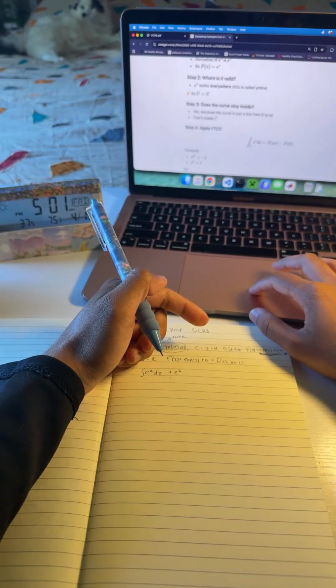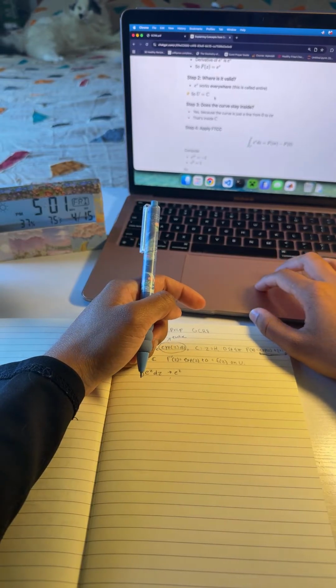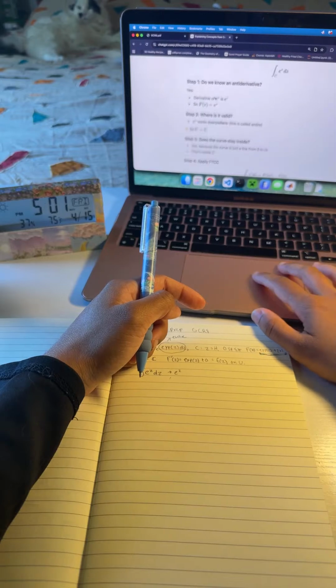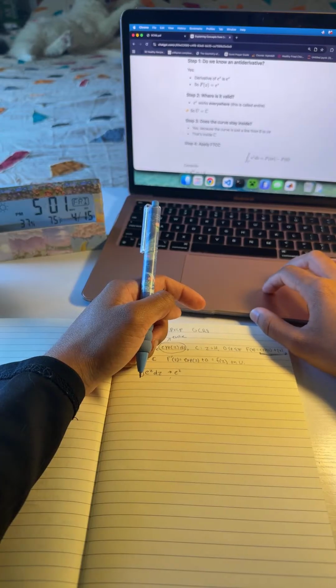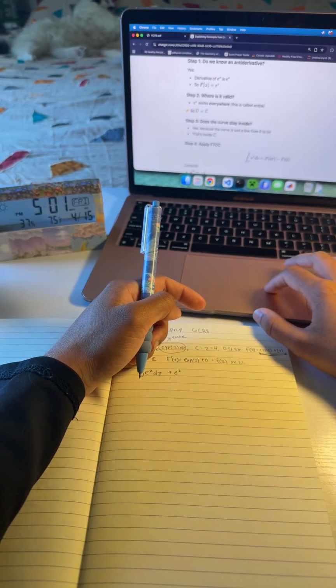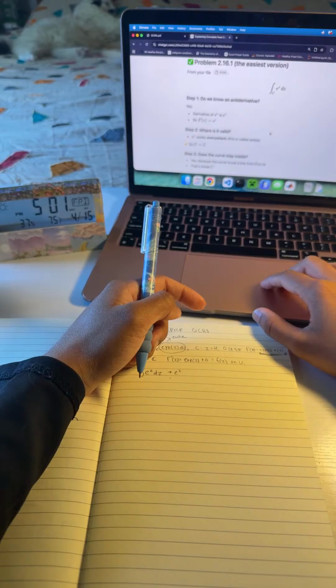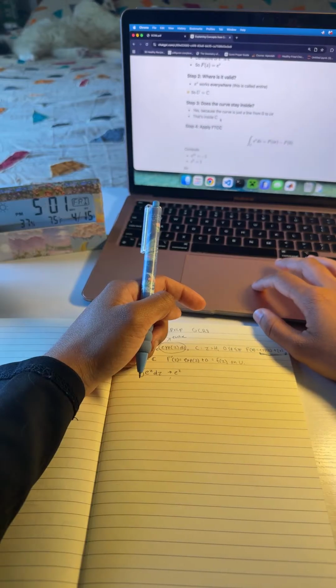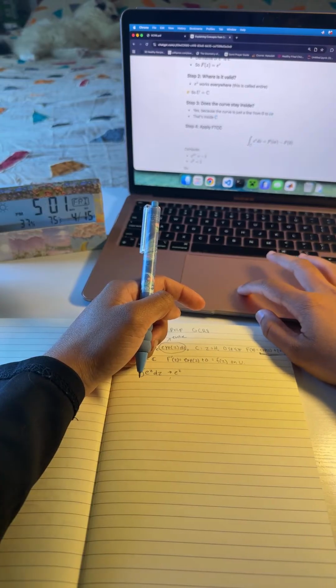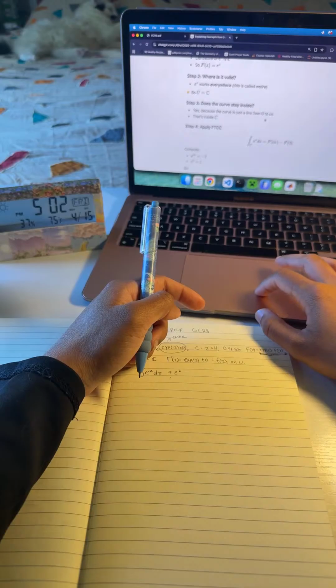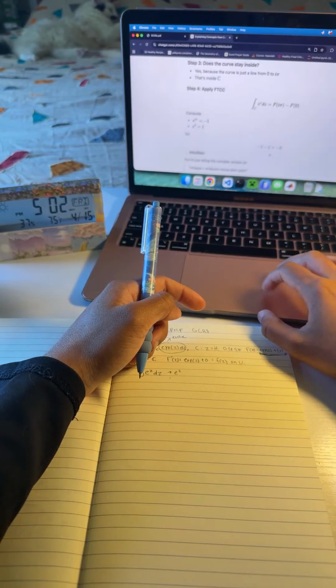So U equals C. But what does it mean U equals C? It's like complex everywhere, right? Does the curve stay inside? Yes, because the curve is just a line from 0 to i pi. That's inside the complex, because i is complex. And 0 is complex as well, so 0 plus 0 i. So we have this, and then computing it, get -2.